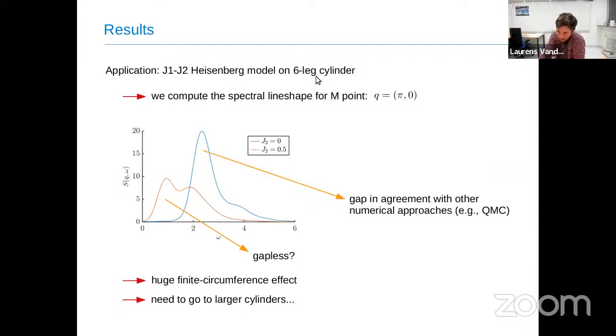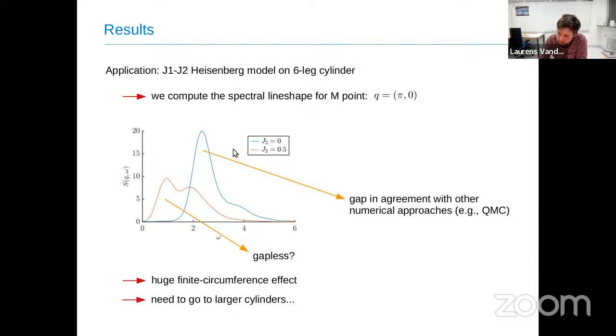So we did this. We first looked at just a pure nearest neighbor Heisenberg model, so without the J2 interaction. And we observe some kind of S of q omega, and the gap, for example, that we find, the excitation energy here, is more or less in agreement. Well, it's actually quite exactly in agreement with other numerical approaches like quantum Monte Carlo for this point.